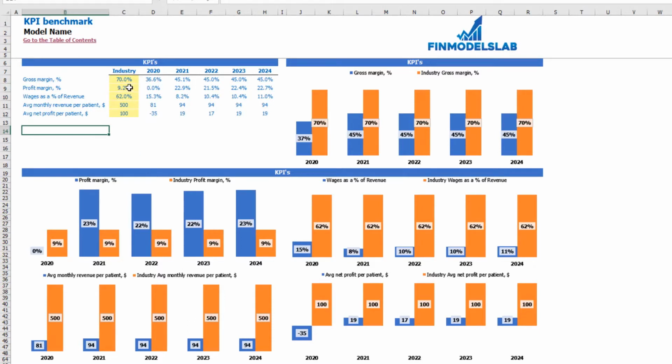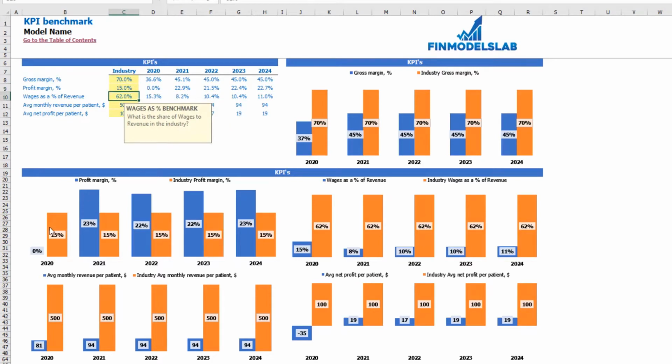For example, profit margin is 15%, which is also changed on this chart, and you can also change wages as a percentage of revenue, your average revenue per patient, and your average net profit per patient.